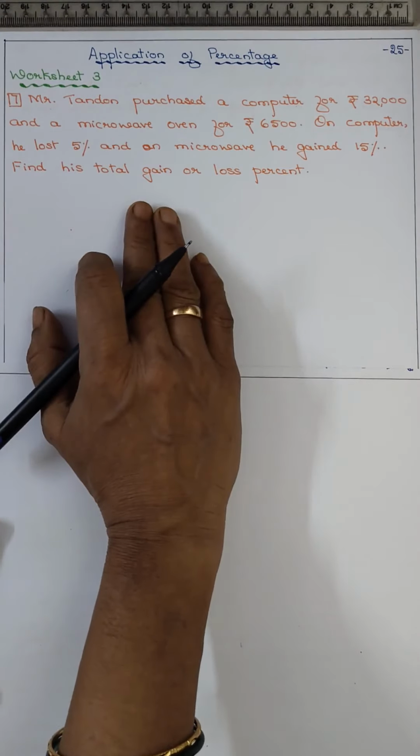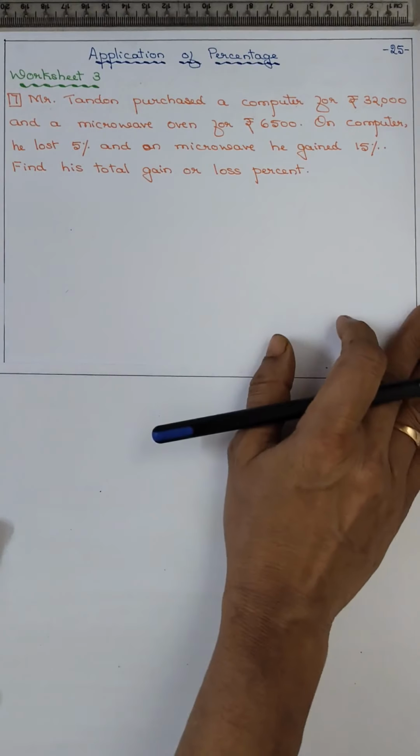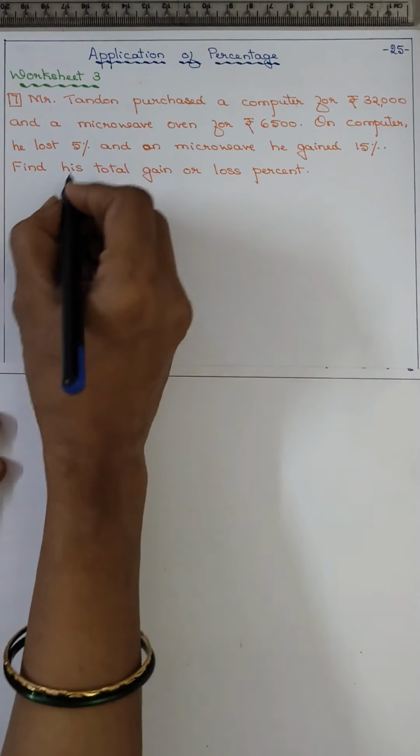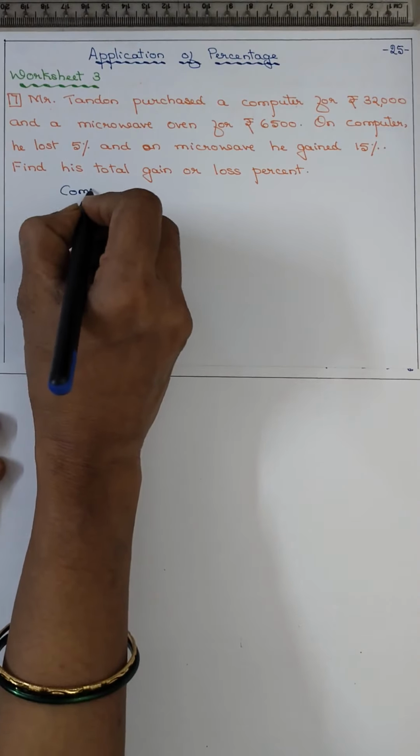Like the earlier sum, here also separately you have to find out the SP, isn't it? So write computer and the other microwave oven.